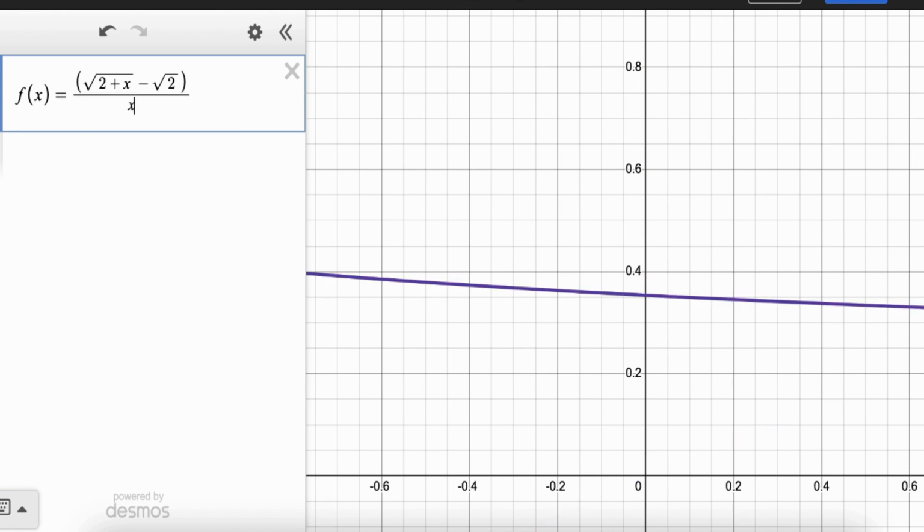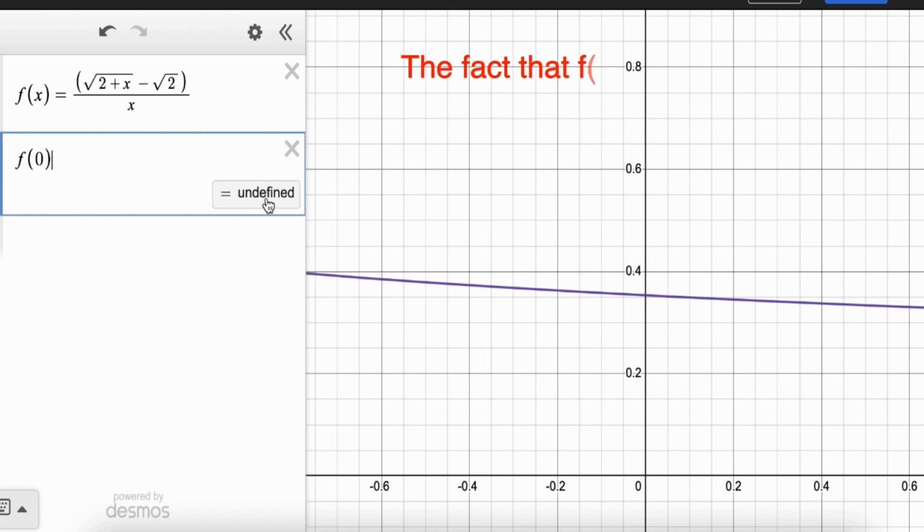Whenever we investigate the graph of this limit near where x is equal to 0, we see that the y value that we're seeking is going to be around, let's see, here's 0.1, here's y equals 0.2, 0.3, and 0.4. Looks like the y value whenever x is near 0 is somewhere around 0.35.